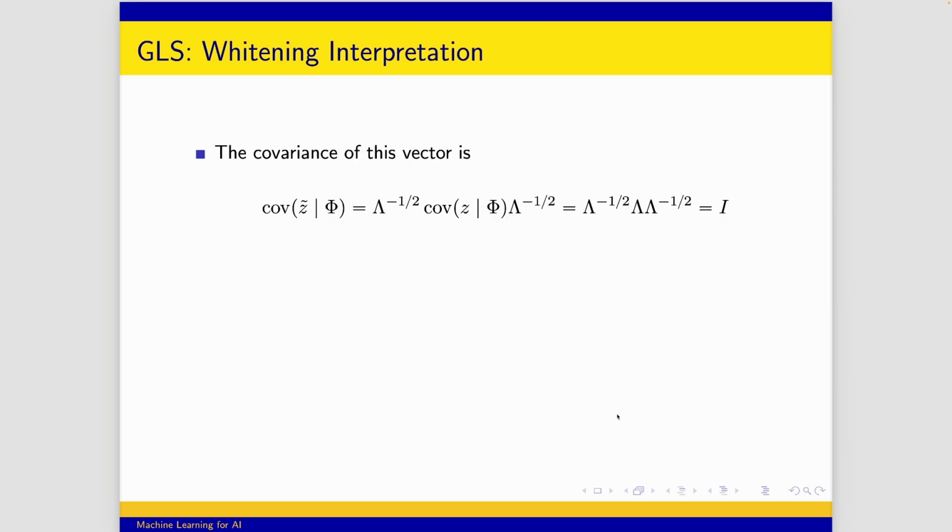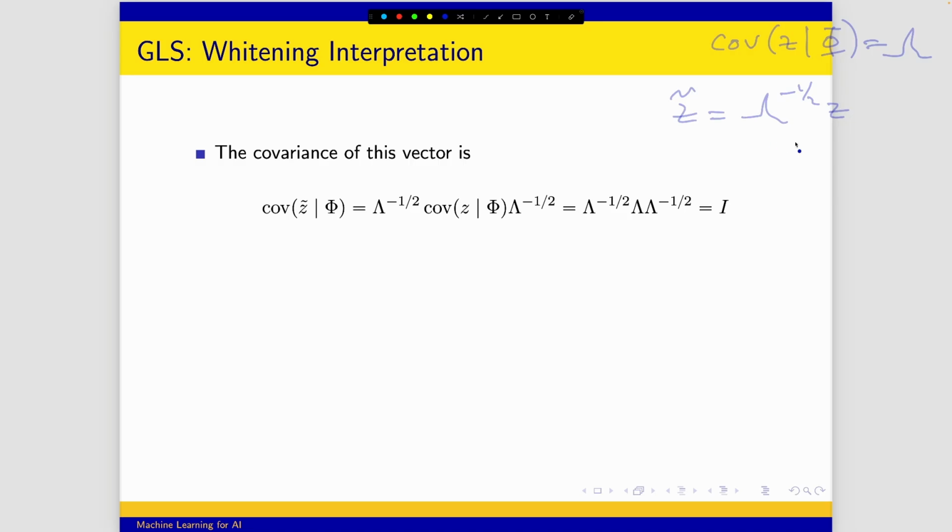So let's see what this means in practice. Let's calculate the covariance of this new coefficient vector, the one that's been transformed by the whitening transformation. Well, the transformation is z tilde equals lambda to the minus a half times z. Now we calculated that the covariance of z, given the design matrix, is equal to lambda.